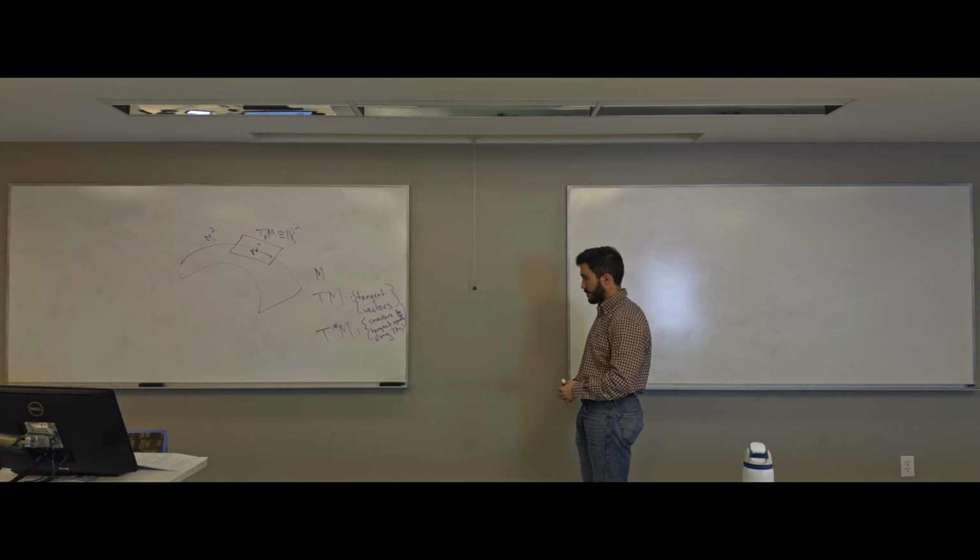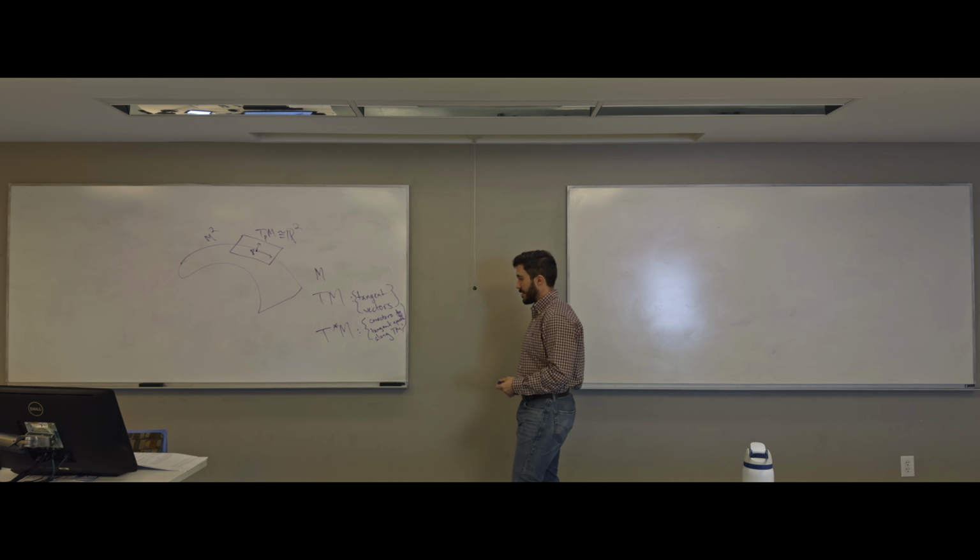So remember what the tangent bundle is. You have the manifold. At every point, you have a fibre. That fibre is a vector space of the same dimension that the manifold is. And the sections of the tangent bundle, the smooth sections of it, are vector fields of the manifold.